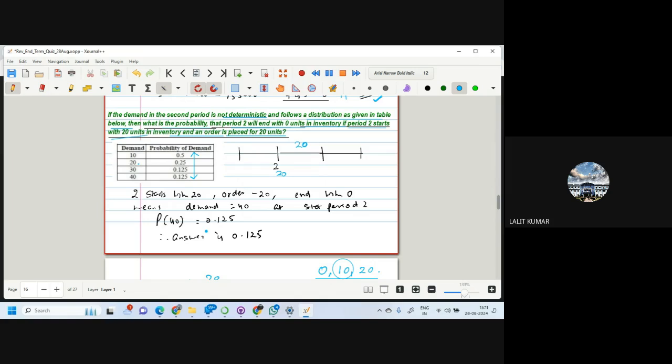So this becomes 20 plus 20, which is 40. He started with 20 and ordered 20, so he has got 40 now. And what is the probability of 40? It is 0.125. So the answer is 0.125.